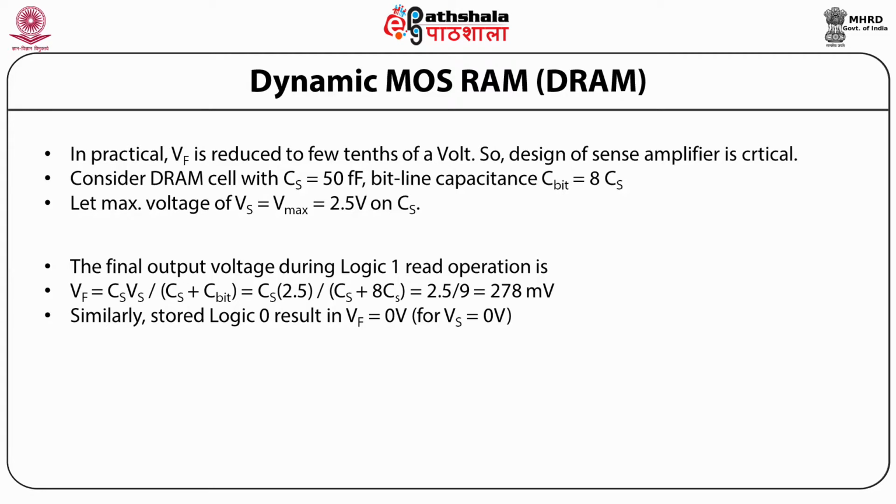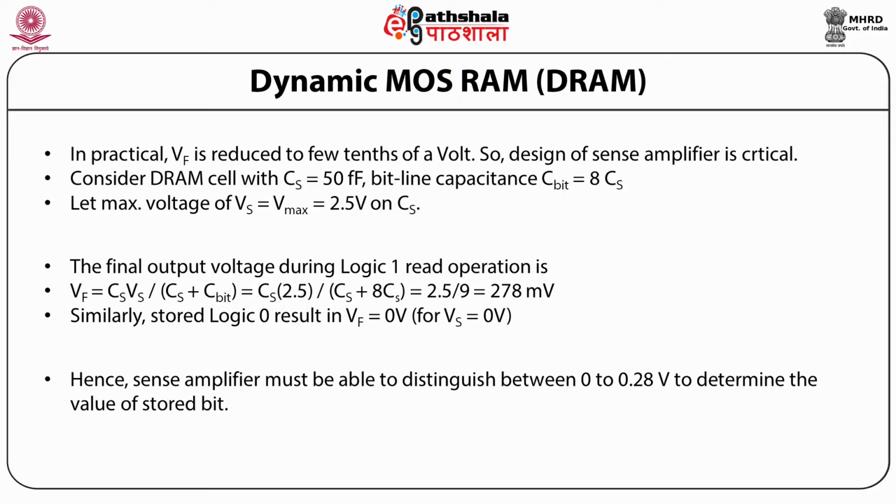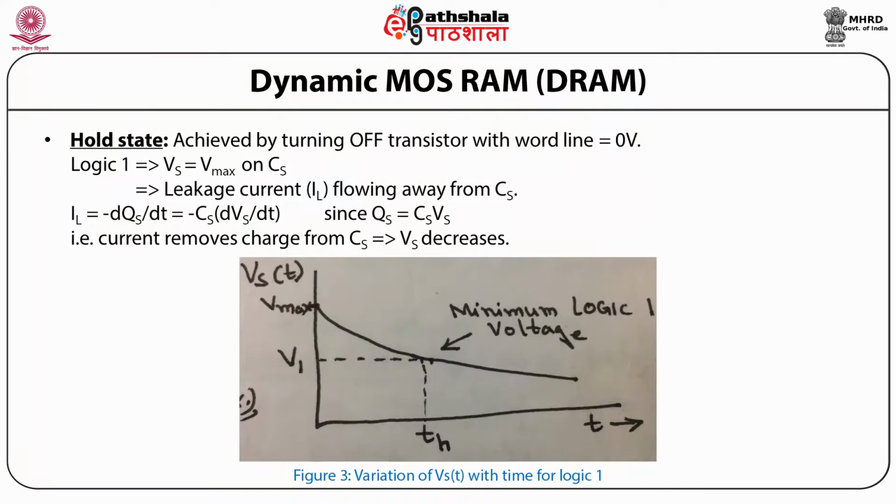Putting in the values of Cs and Vs, we get this equal to 278 millivolts. Similarly, stored logic 0 results in Vf equal to 0 volts for Vs equal to 0 volts. Hence, the sense amplifier must be able to distinguish between 0 and 0.28 volts to determine the value of the stored bit. Hold state is achieved by turning off the transistor with the word line equal to 0 volts.